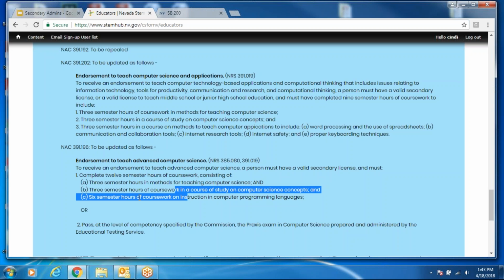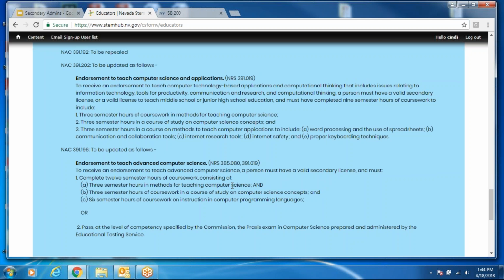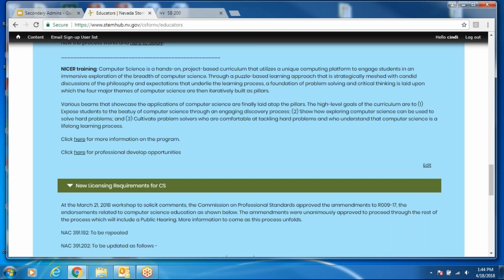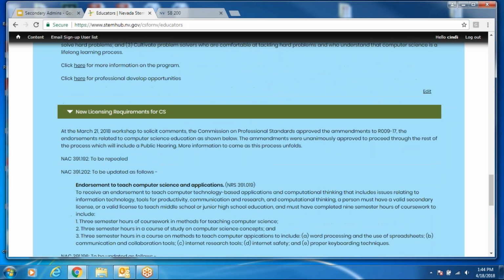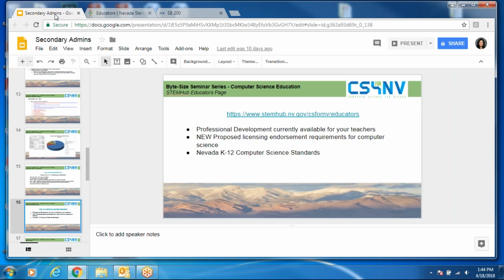Or they may just simply pass the Praxis exam in computer science that will become available shortly. Okay. Does anyone have any questions on this licensing or any of the professional development training? All right.